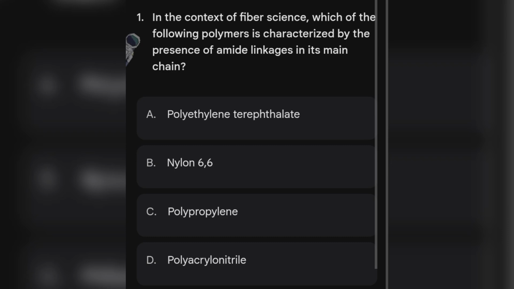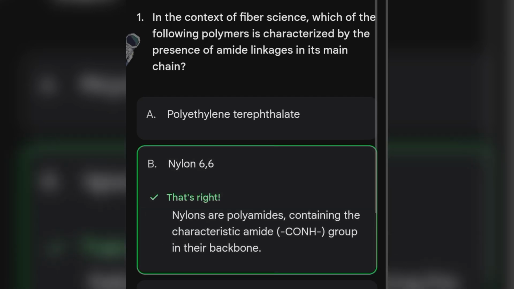So the first question is: in the context of fiber science, which of the following polymers is characterized by the presence of amide linkage in its main chain? Polyethylene, no. Nylon 6, yes, it contains.